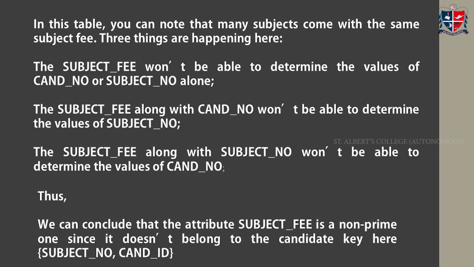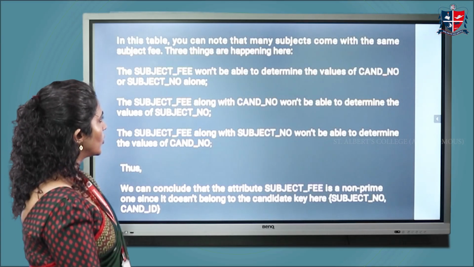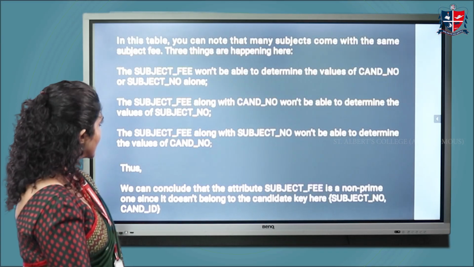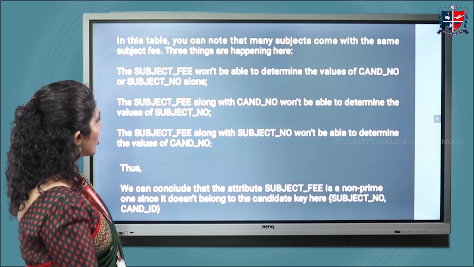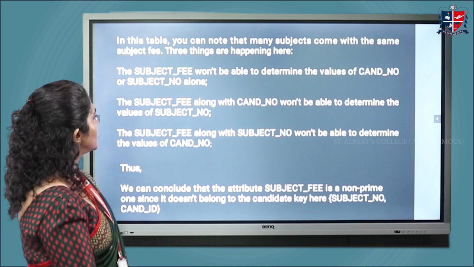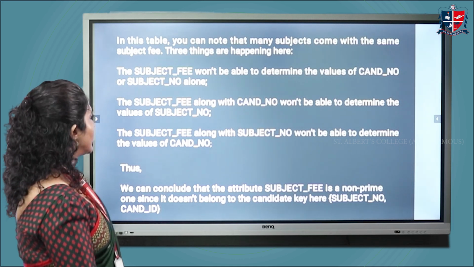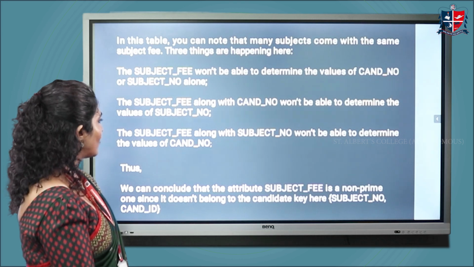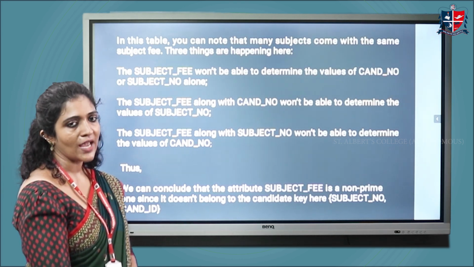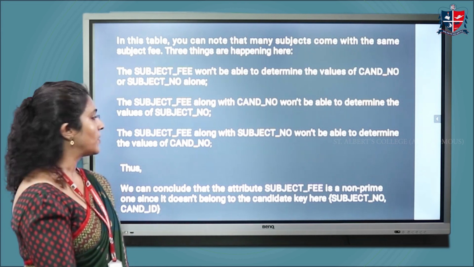Three things are happening here. The subject fee won't be able to determine the value of candidate number or subject number alone. The subject fee along with candidate number won't be able to determine the subject number, and the subject fee along with the subject number won't be able to determine the value of candidate number. That means we have the issue of partial dependency.